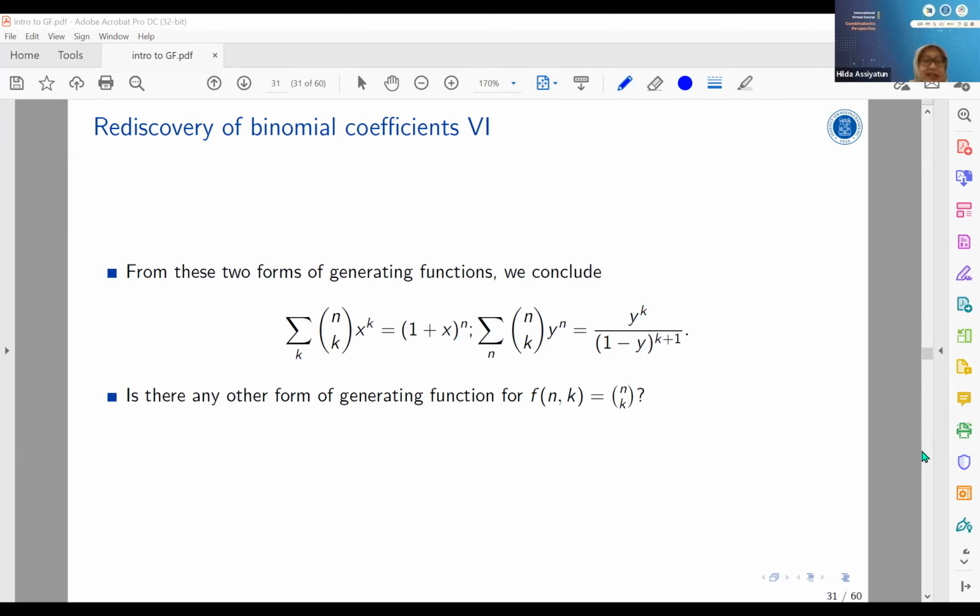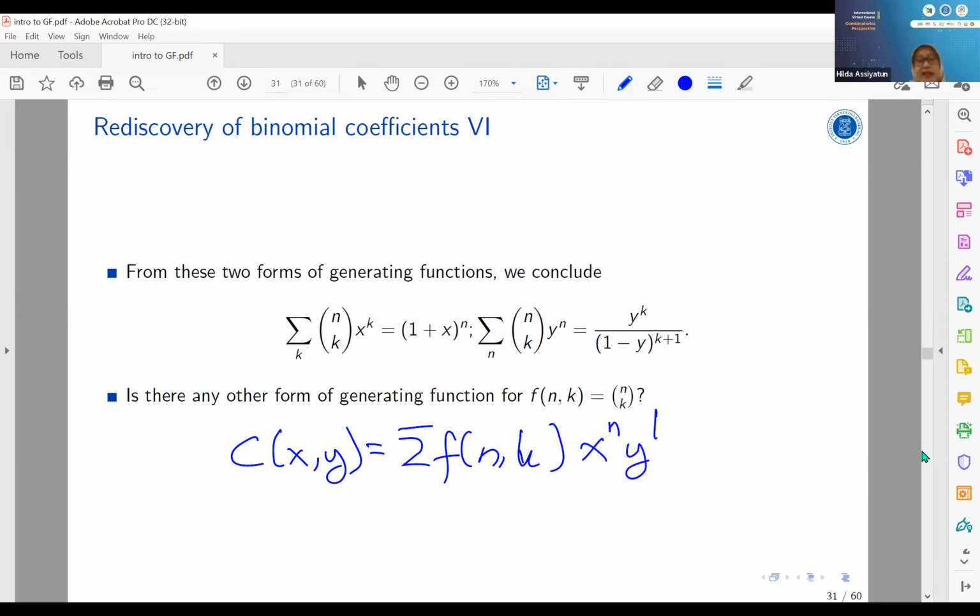If in the previous two we have generating functions depending on only one variable, you should try this. f n k, I just swap it for convenience.